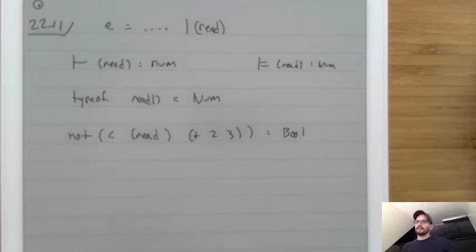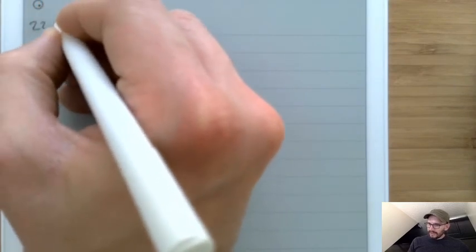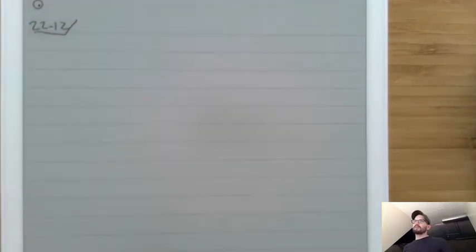All right, this is a really basic type system, but we can still talk about what it means for it to be correct. What we would like to do is prove the soundness theorem.